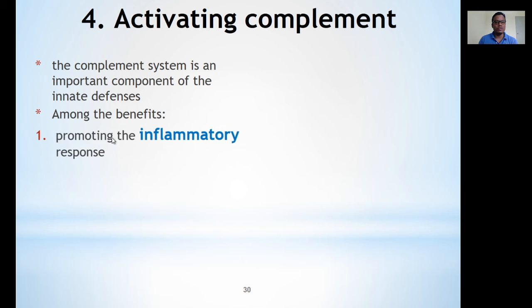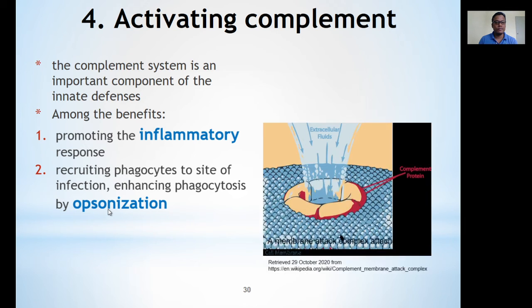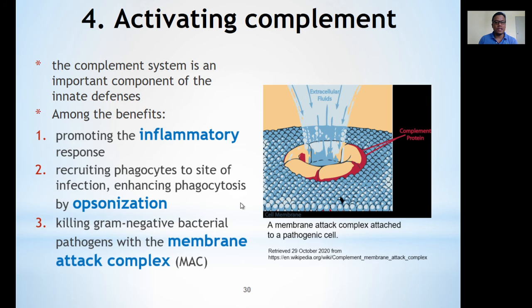Among the benefits include promoting the inflammatory response, recruiting phagocytes to the site of infection, enhancing phagocytosis by opsonization, where complement also can help phagocytosis by the opsonization process, just like antibodies, and also by killing gram-negative bacteria pathogens by making a hole on their cell surfaces by forming the membrane attack complex.